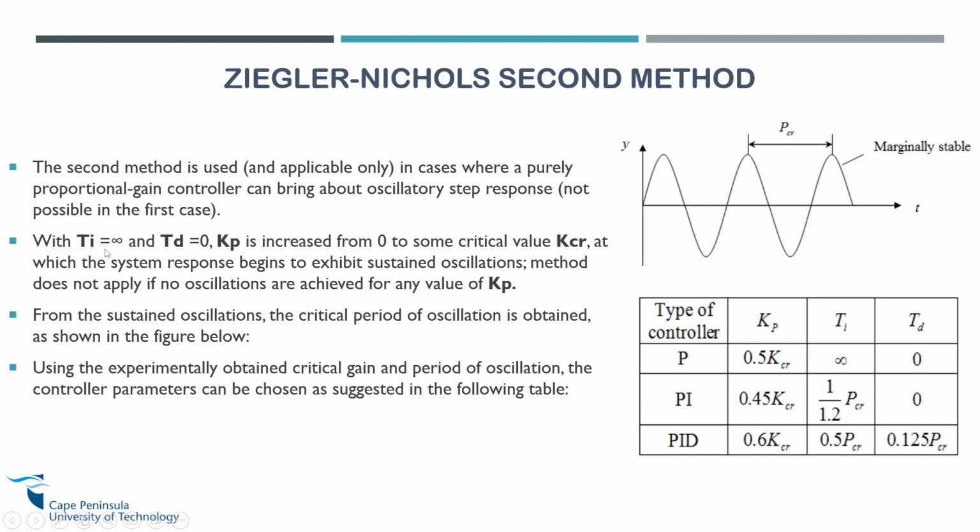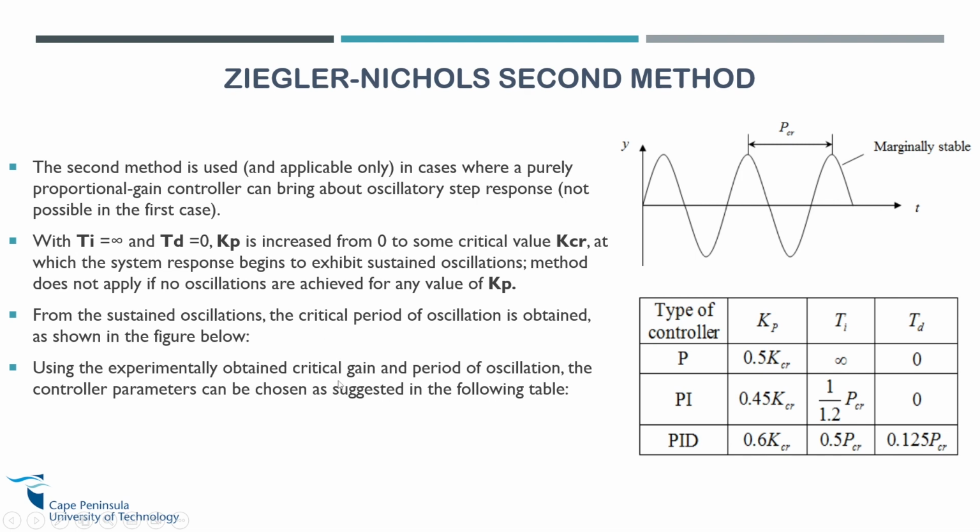With Ti equal to infinity and Td equal to 0, Kp is increased from 0 to some critical value. Your critical value will be the value, if you keep on adjusting your Kp, that will now give us a sustained oscillation.